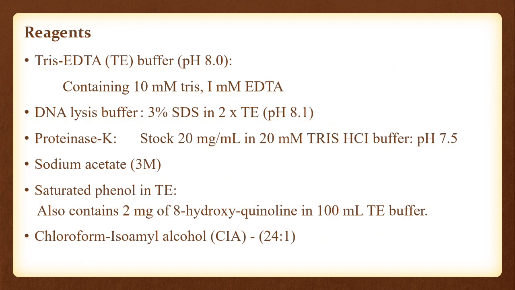Sodium acetate is 3 molar, and saturated phenol in Tris EDTA buffer, also containing 2 milligrams of 8-hydroxyquinoline in 100 ml of TE buffer, and chloroform isoamyl alcohol, that is CIA, in a 24:1 ratio.